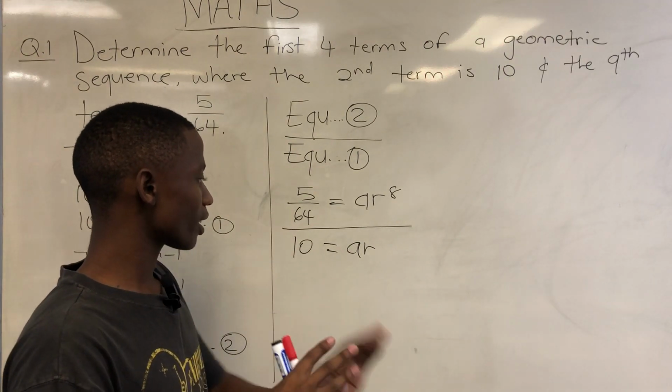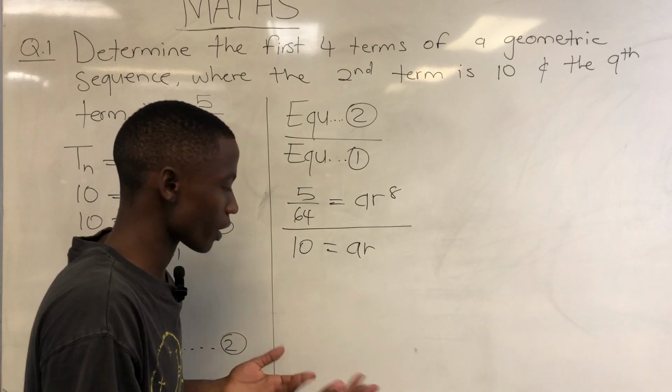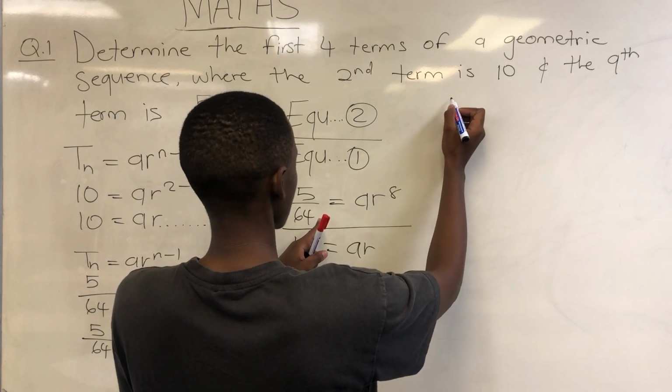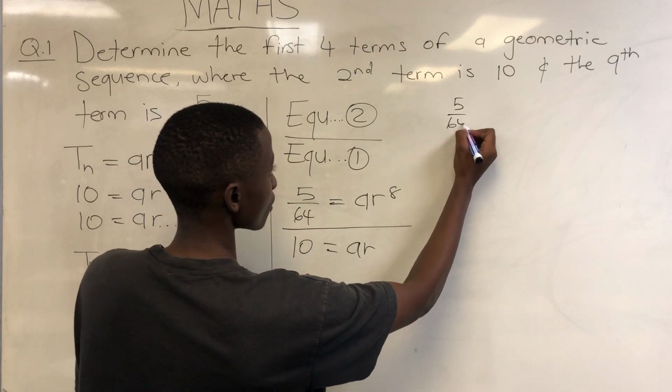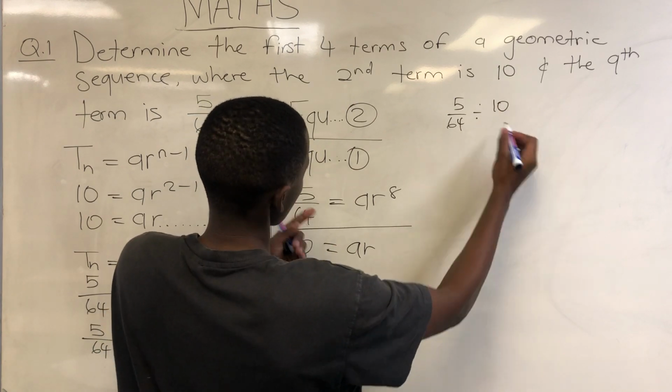Yes, dividing with another fraction, which is going to be 10 over 1, right? So you can simply say 5 over 64 divided by 10, which is the same as 10 over 1.